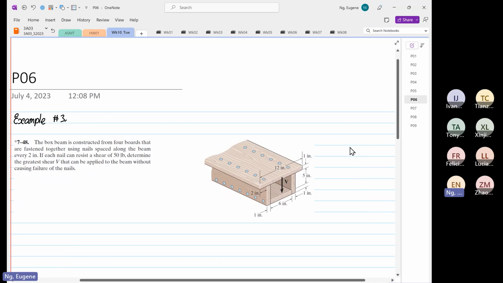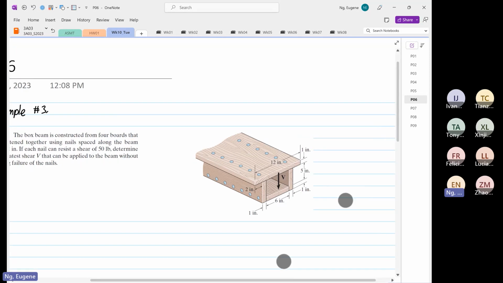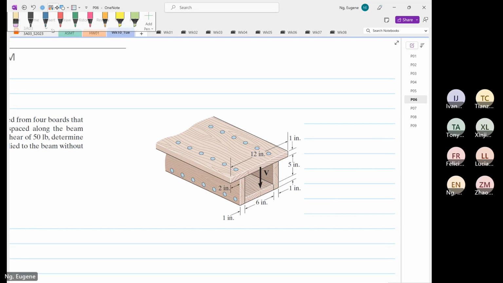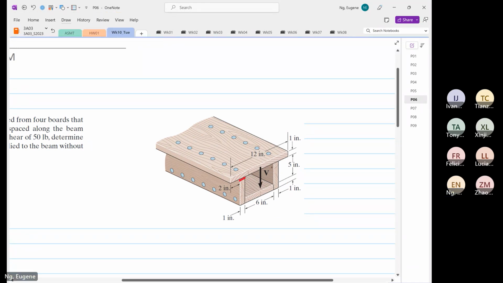There are two possible locations of failure. If we zoom in close enough, failure can occur over here, or failure can occur over here.